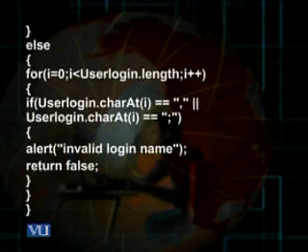We will enter into the if statement, and then the if statement is userLogin.charAt(i) equals comma or userLogin.charAt(i) equals semicolon, then an alert message. It means that the value at the zero index is corresponding to the character A in the name Ali.